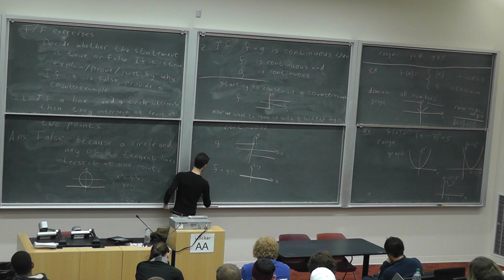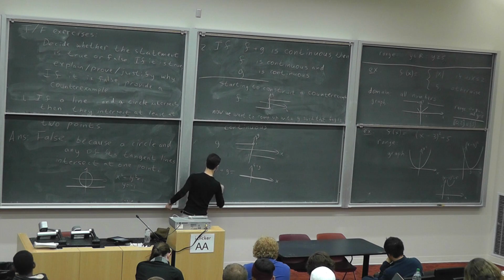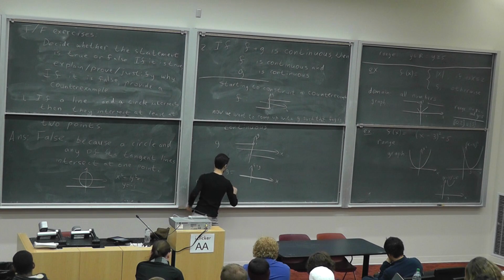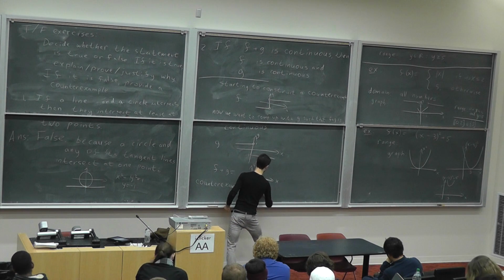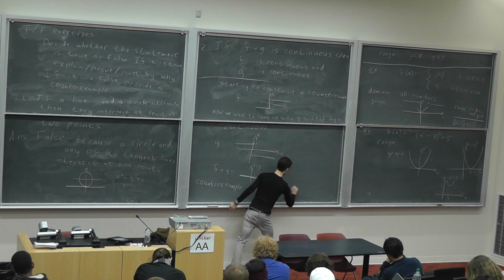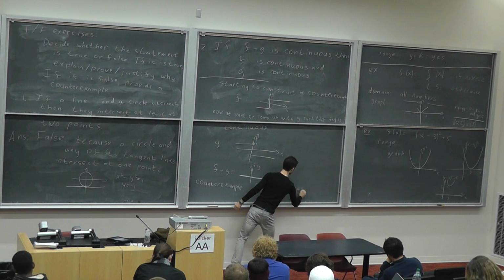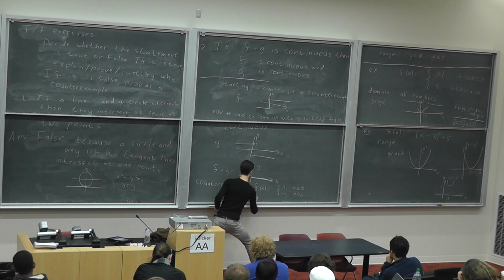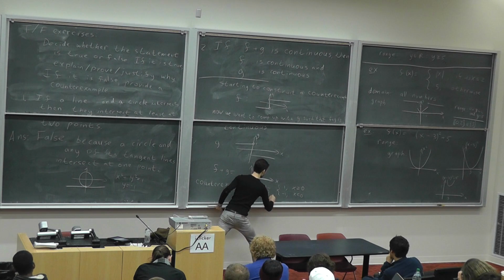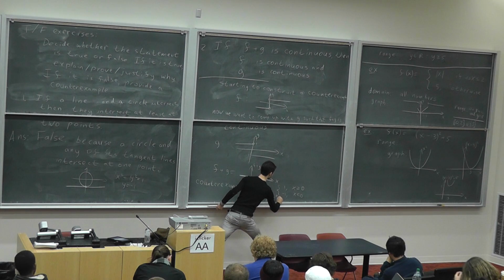Let's write down this counterexample. F of x will be 1 if x is greater than 0, and minus 1 when x is smaller than 0. G of x is going to be the opposite, minus 1 when x is positive, and 1 when x is negative.